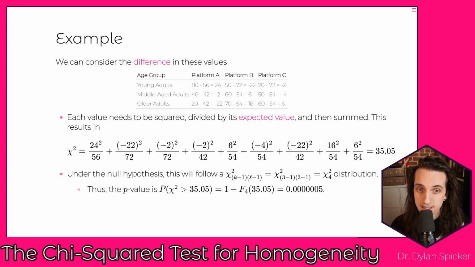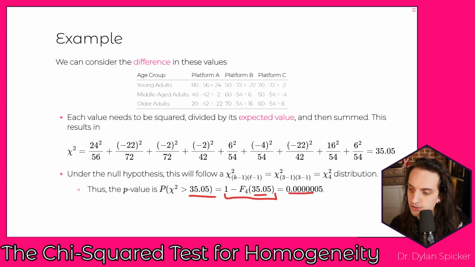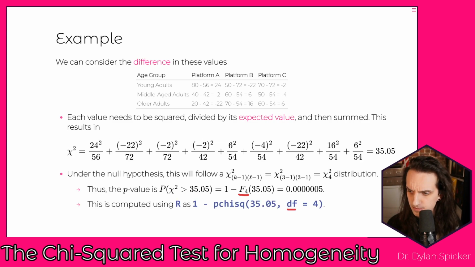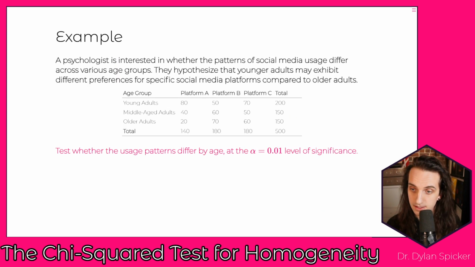So the probability that our test statistic is greater than or equal to 35.05 is 1 minus the CDF at 35.05, which is going to give us this value, which is approximately 0 here, right? To get this value, we can actually turn to R, and in R, we're going to be using the pchisq function. Degrees of freedom is 4. We plug in our test statistic value of 35.05 here, okay?